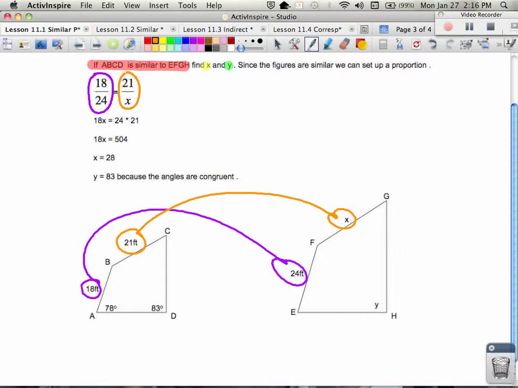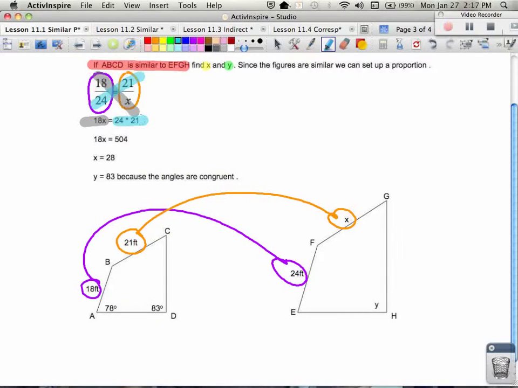I don't know if you recall this, but the way that we solve this is that we cross multiply. So I'm going to multiply the 18 times the x on the left-hand side of my equation, and that needs to be equivalent to the 24 times the 21 on the right-hand side.